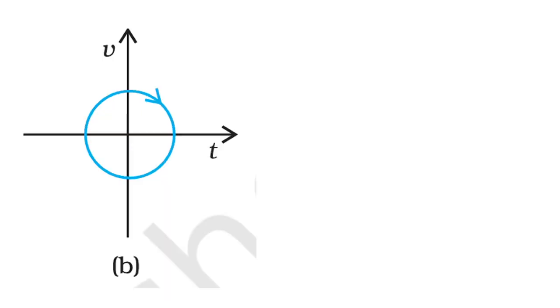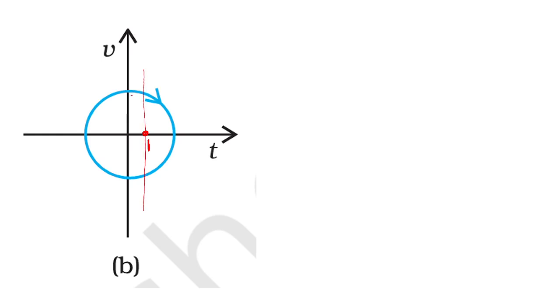Look at this. This is a velocity time graph. But the problem is that at a given time the body has two velocities. It is impossible. For example, consider some time, say 1 second or 2 seconds, whatever. Draw a vertical line.